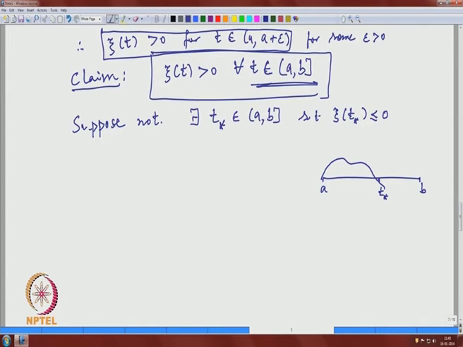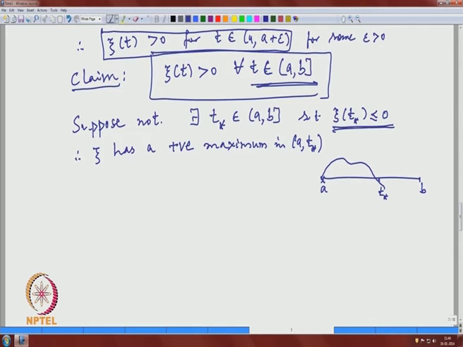So, looking at the picture, J has a positive maximum, it could be just a relative maximum, no problem, in A to T star. And we want to rule out this A. T star is already ruled out because J of T star is less than or equal to 0, so it cannot be a positive maximum.